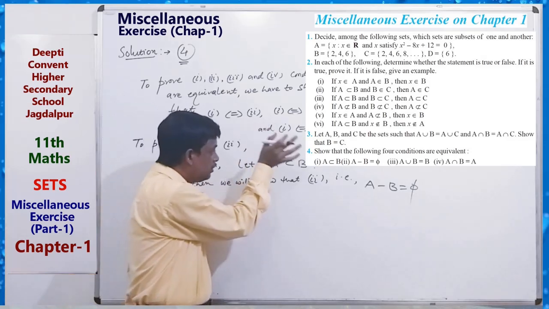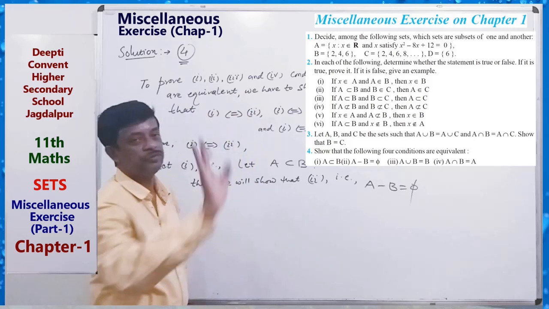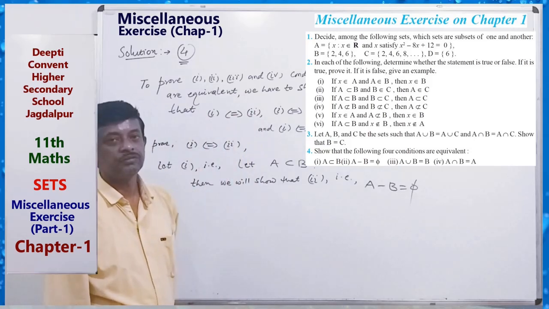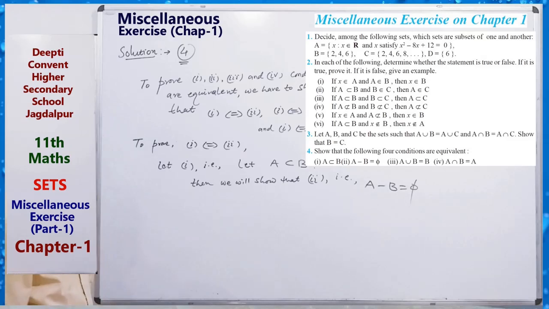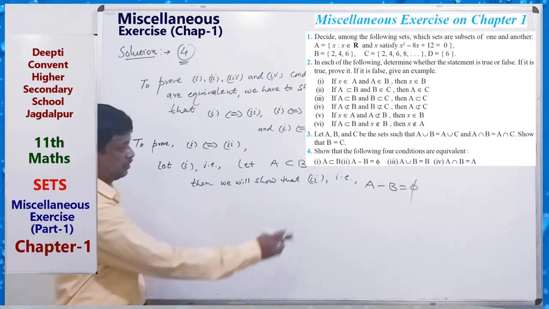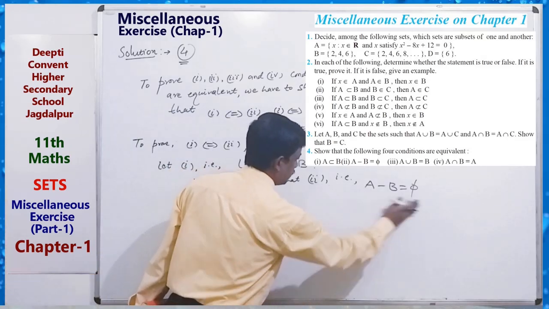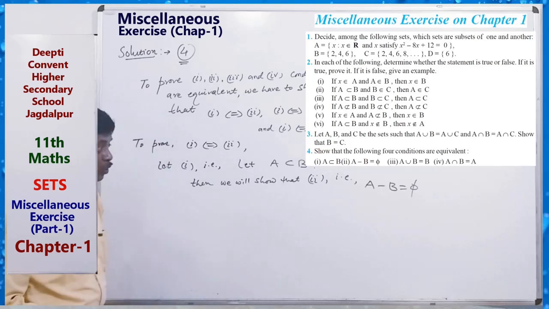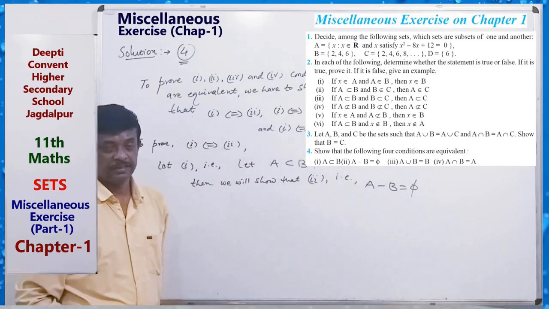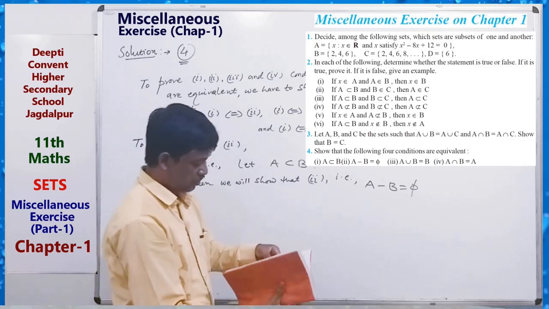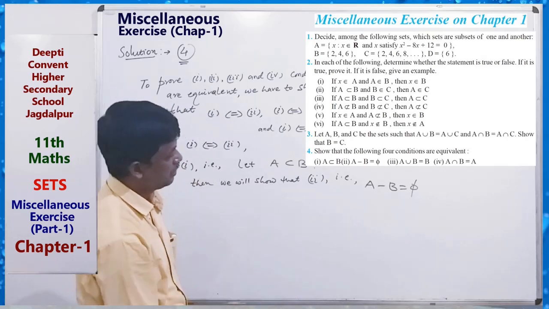Now we take this and we have to prove A minus B equals to phi. Clear? We are having this.